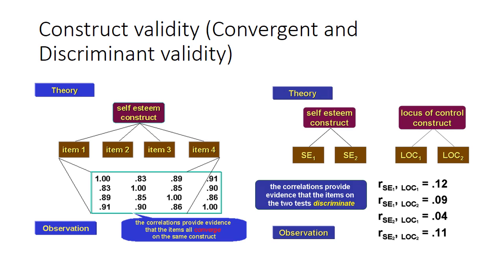So when it has 4 questions, you need to see whether these questions are interrelated or not. If they are interrelated, it means it has convergent reliability. A correlation provides evidence that the items all converge on the same construct. So correlation means they are related.